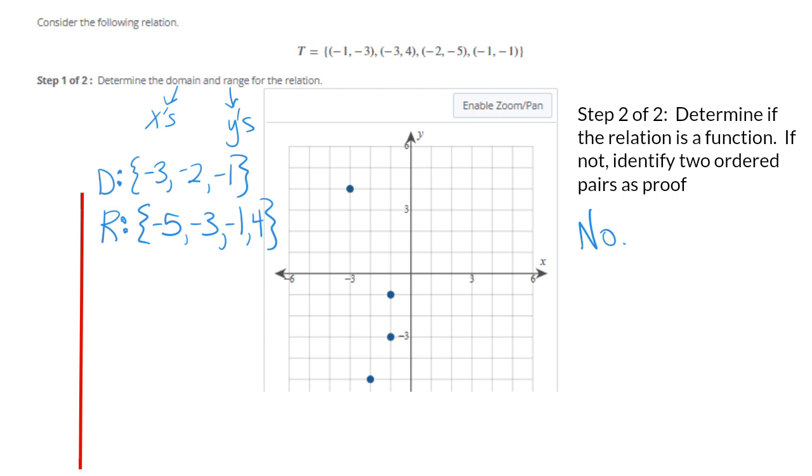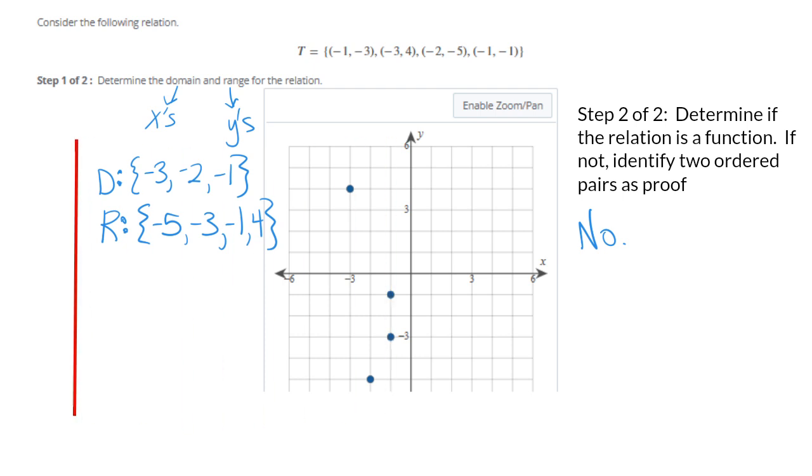When we're looking at a graph, we sometimes use what we call a vertical line test, and we're looking to see if a vertical line, as it passes through the graph, ever hits more than one point at the same time. And right there it does. It hits both of those points. And that's my clue that nope, it doesn't pass the vertical line test, meaning it did hit two points.